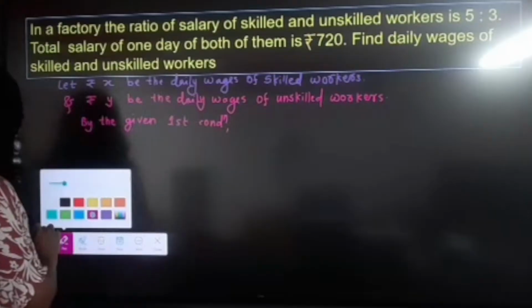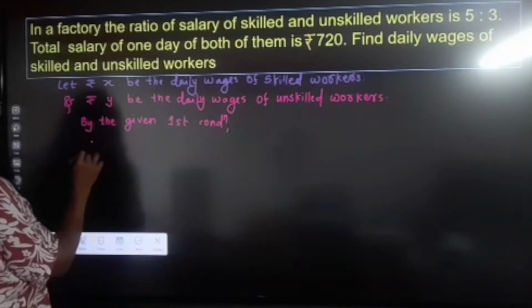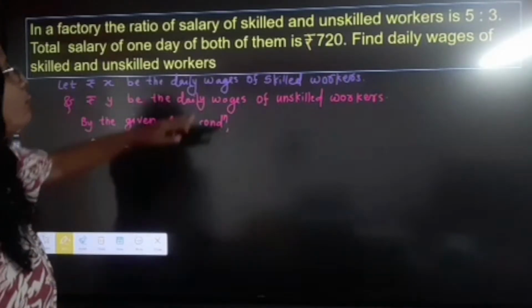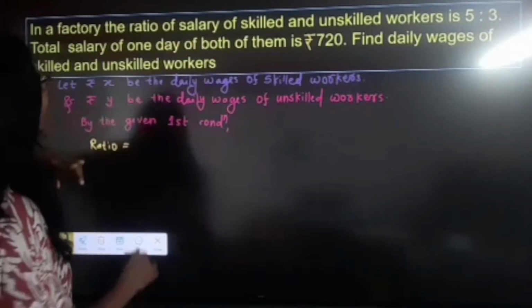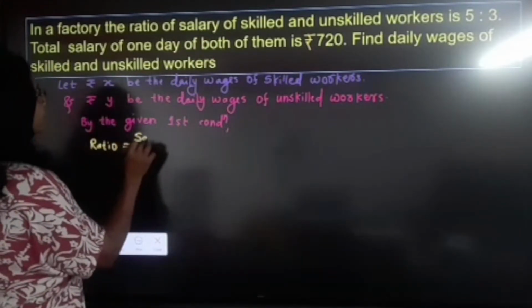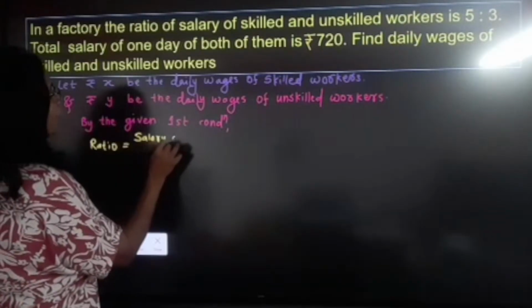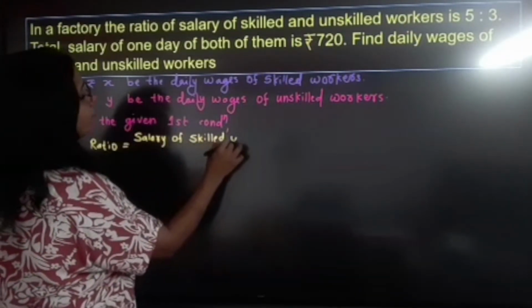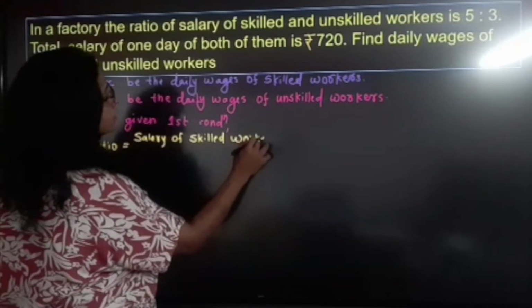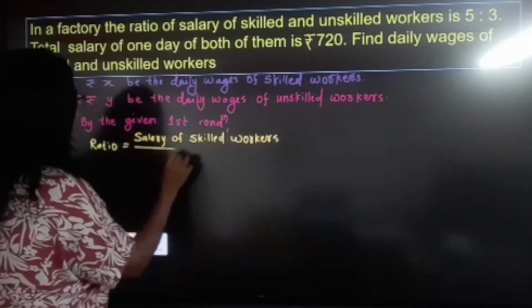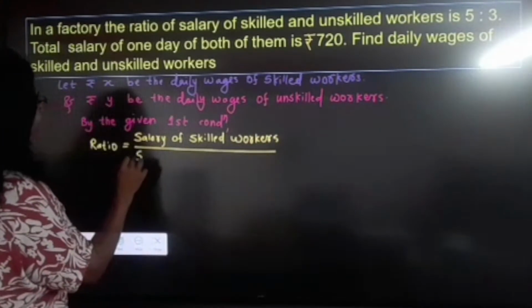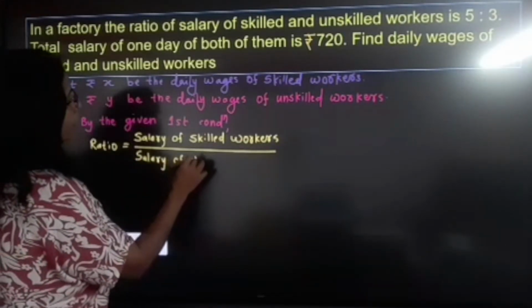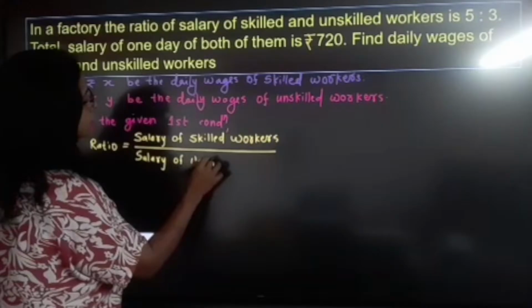Okay, students, the first condition is the ratio of the salary of skilled workers divided by the salary of unskilled workers.